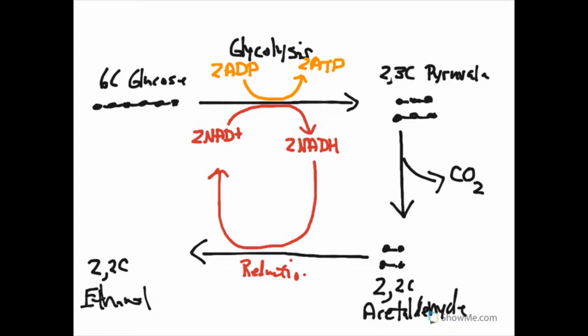So ethanol, so I'm going to make a 2-carbon fragment here. We're going to put OH on it, and then another one here. And let's put an OH on it as well. Okay, so now we've made our ethanol byproduct here.